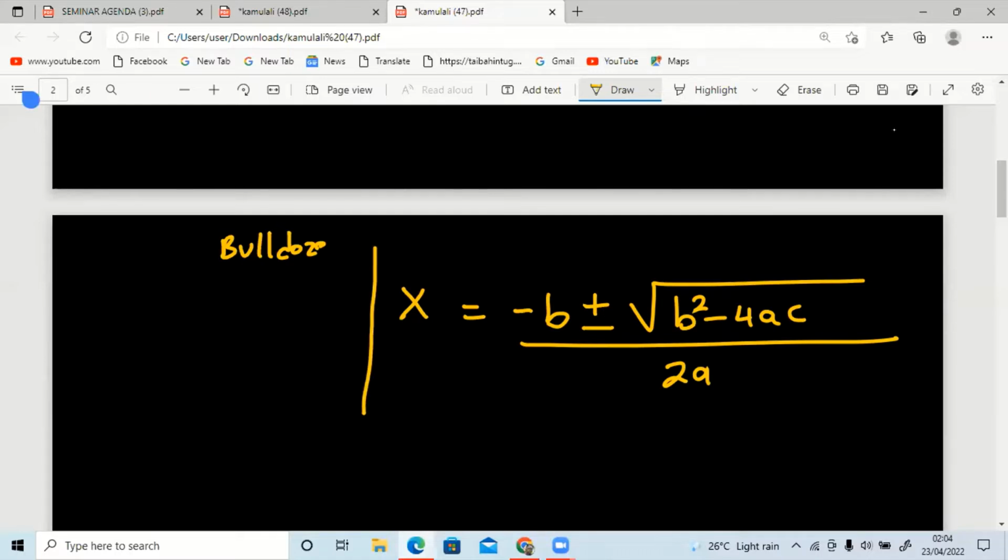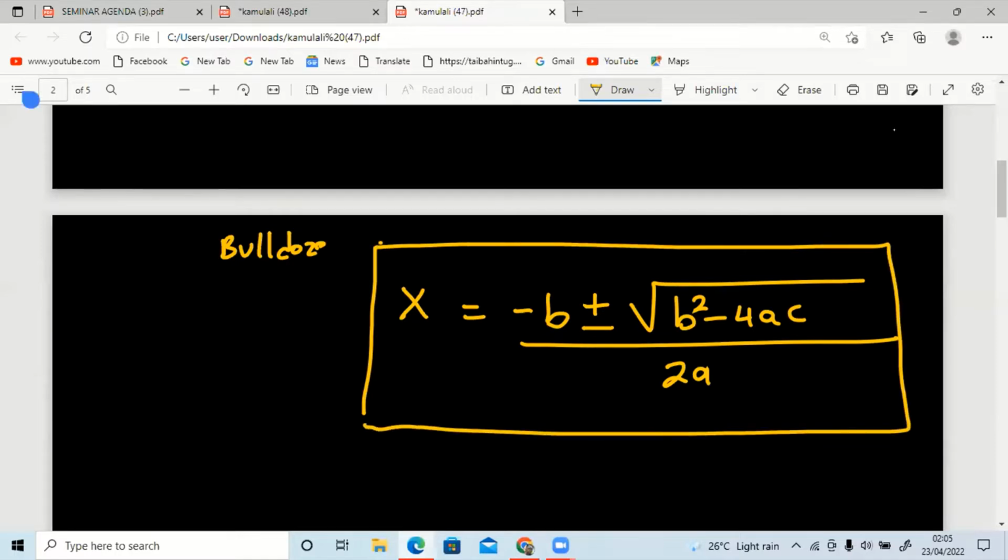Always ask for what you call a logbook. Whenever you are entering a math exam, UNEB always provides a logbook. So this formula is always given in the logbook. You just check in that logbook in case you have forgotten it. So always first find out what is your b, what is this, what is this, and what is a.